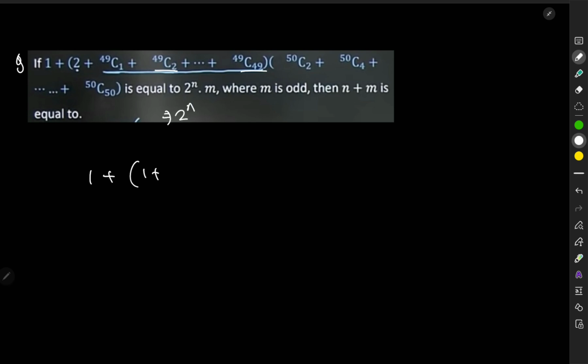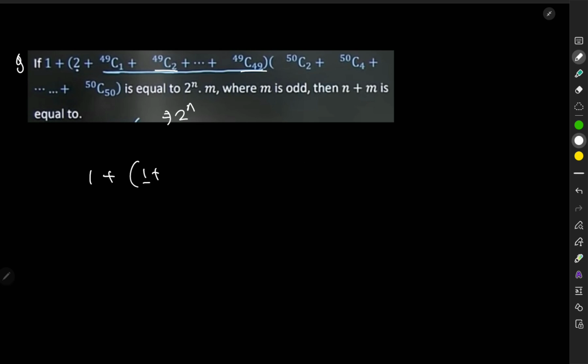So I can write 49C0, this is of course equal to 1, right? Plus 49C1 plus 49C2 till 49C49. Fine. This we know, that is 2 to the power n.